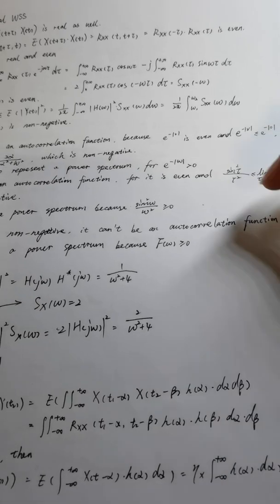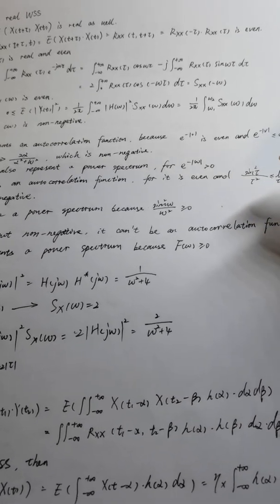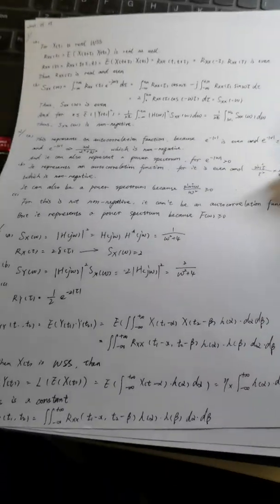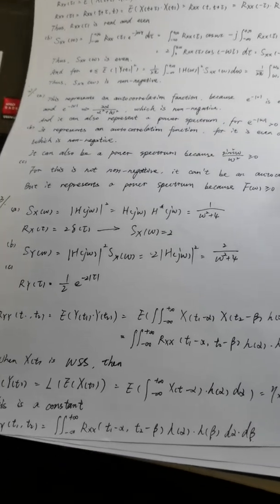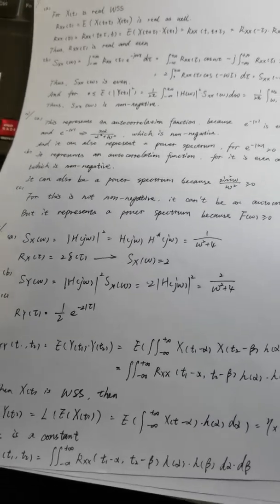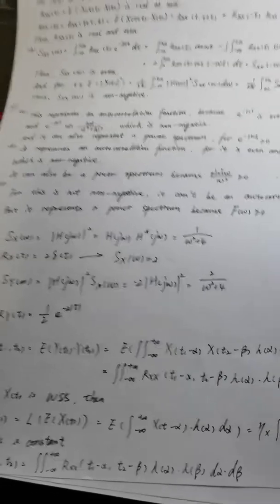And if S(omega) is the power spectrum of a WSS process X(t), then it is non-negative. This is the common source to prove each of the functions, whether it represents either or both.